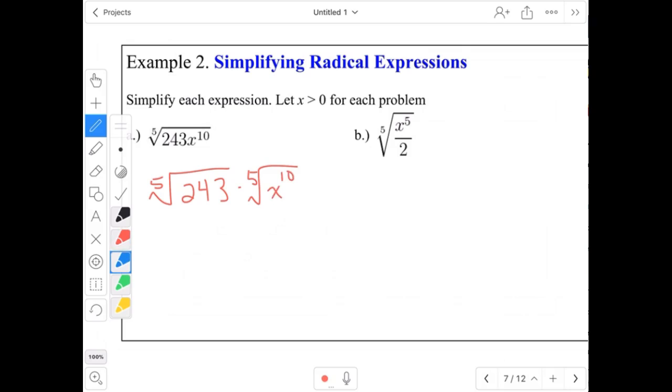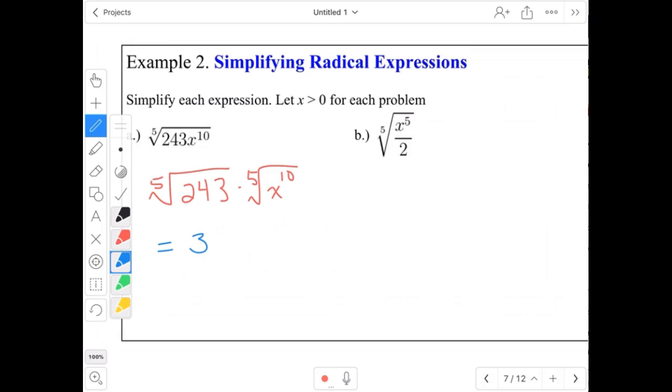Now, with our properties that we've learned so far, the fifth root of 243 is one that we can simply evaluate. Once you guys start working with roots more often, things will become more familiar to you. The fifth root of 243 is actually 3.